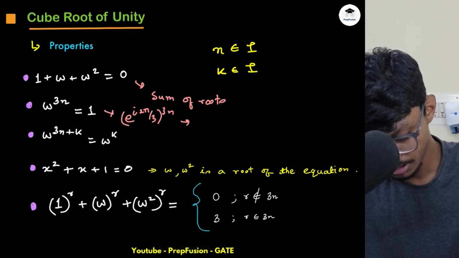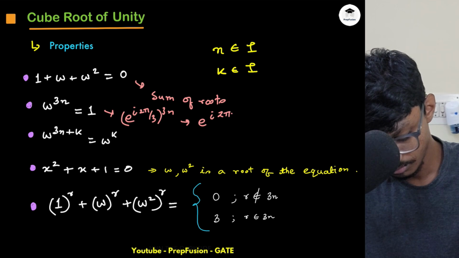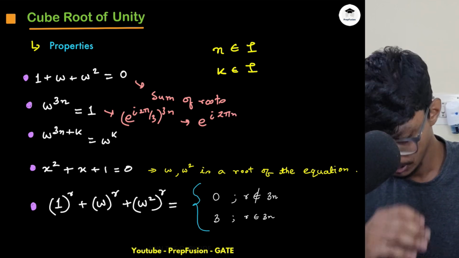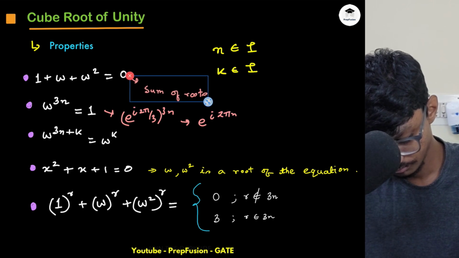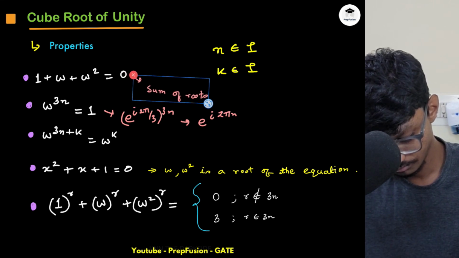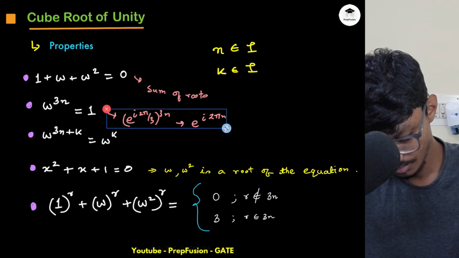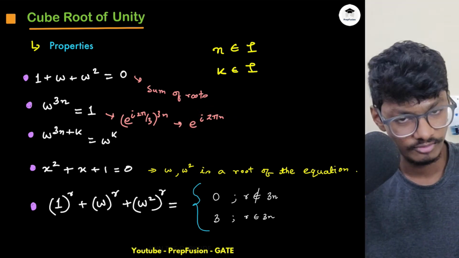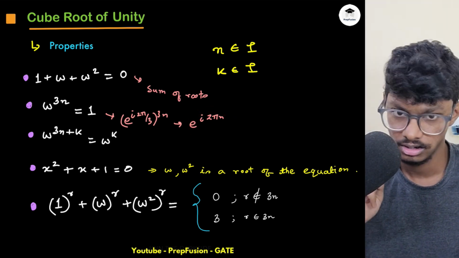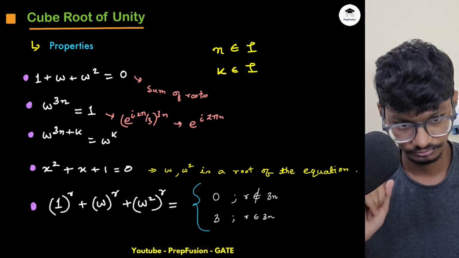So this becomes e raised to power i 2 pi n. So what is this? This is simply an integer multiple of 2 pi, which will always yield me 1. That's why here 1 is written.